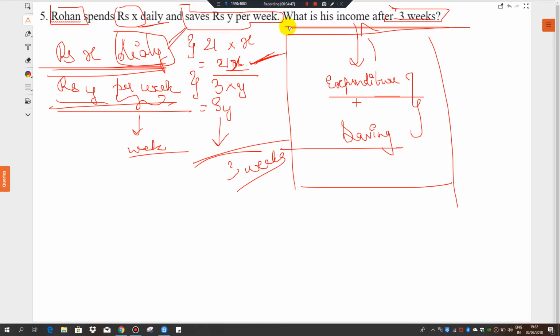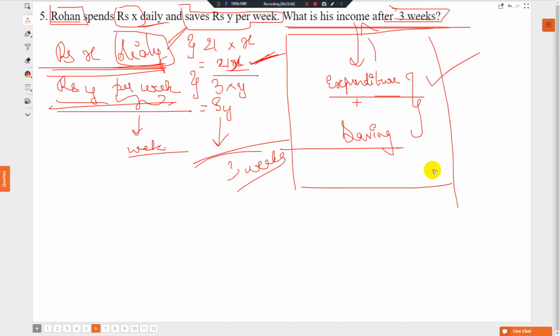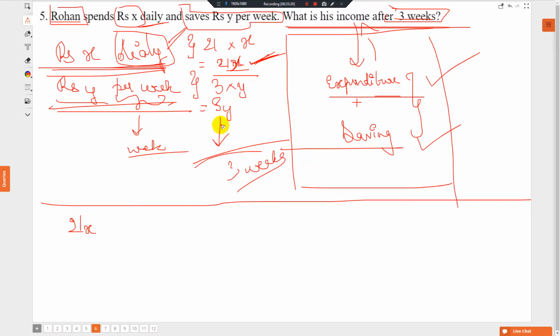The question is, what is the income after 3 weeks? That means spending plus saving, right? The total spending in 3 weeks is 21x, right? And his saving for 3 weeks is 3y. So what should we do?